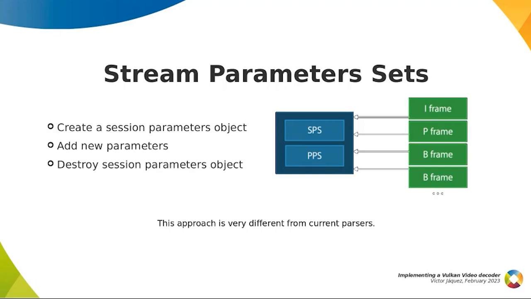In order to limit the transfer of data from the CPU to the GPU, it allows you to specify all those parameters once, because they are going to be shared among the stream or a segment of the stream. So this is like a mismatch between the APIs.